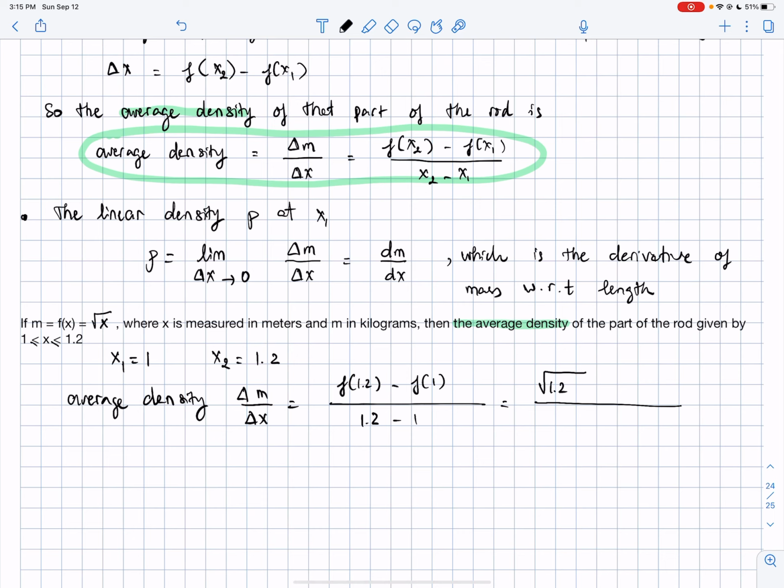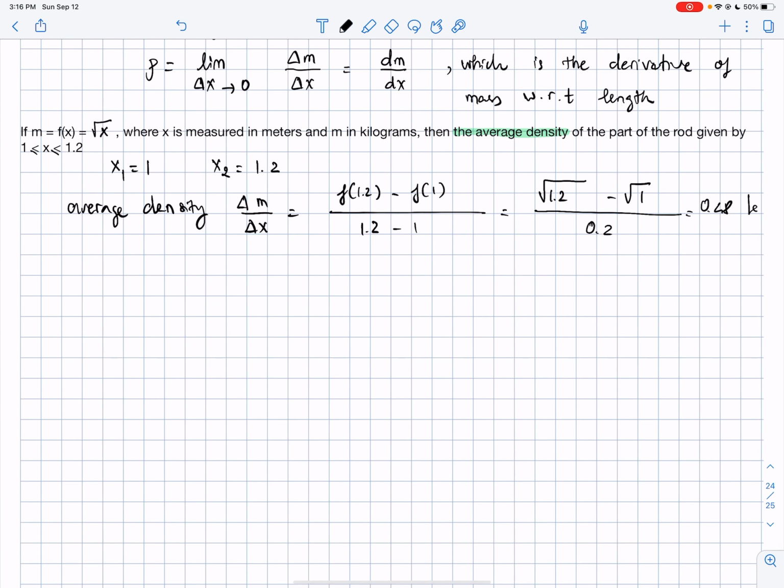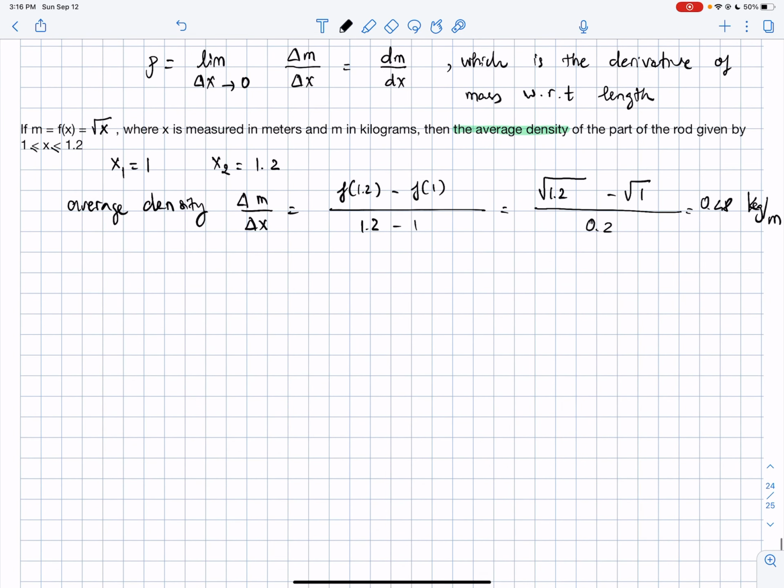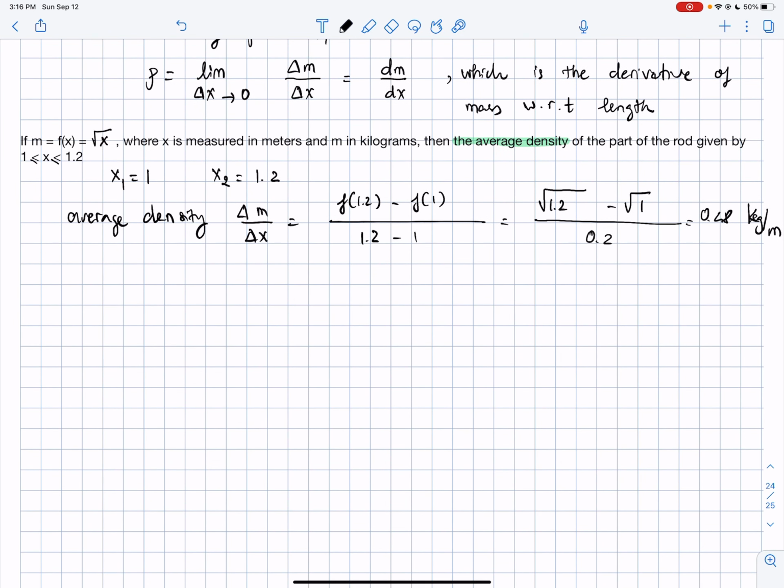We get the square root of 1.2 minus the square root of 1, over 1.2 minus 1, which is 0.2 in the bottom. And we calculate this number, we get about 0.48 kilograms per meter.